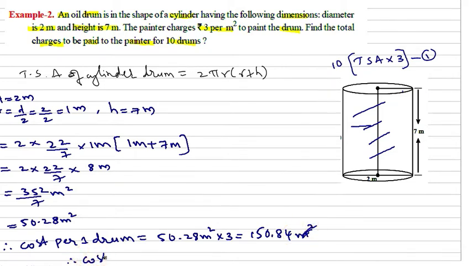Therefore cost for 10 drums is 150.84 into 10 rupees, which is equal to 1508.4 rupees. So the cost to paint 10 drums is 1508 rupees 0.4.